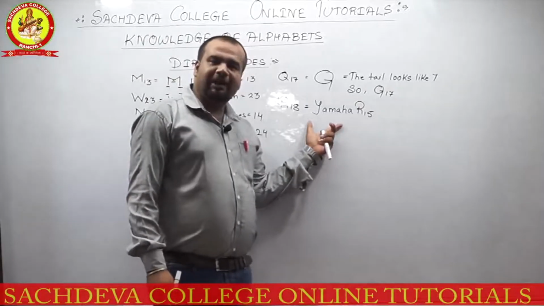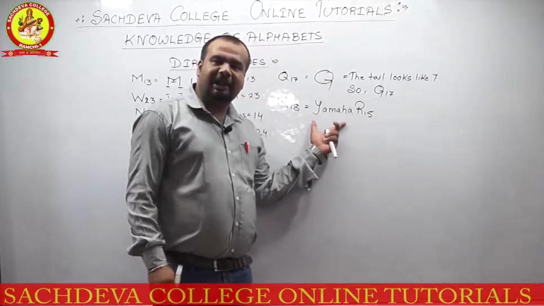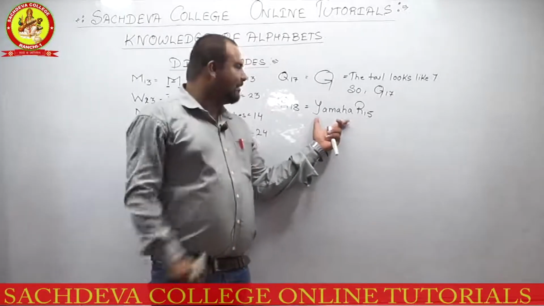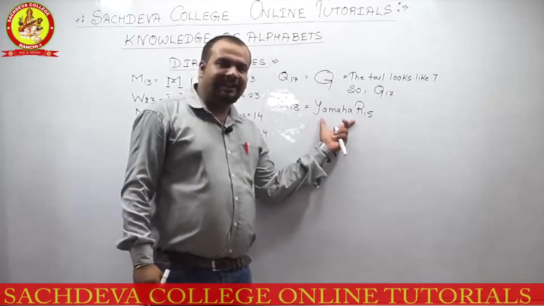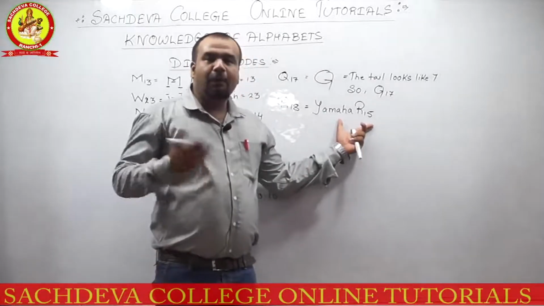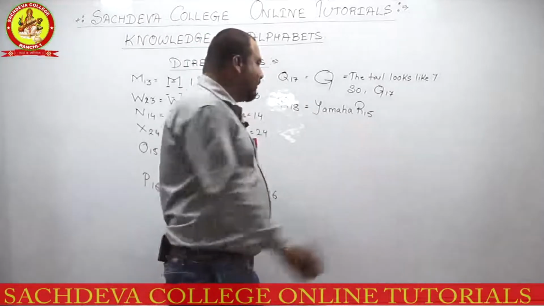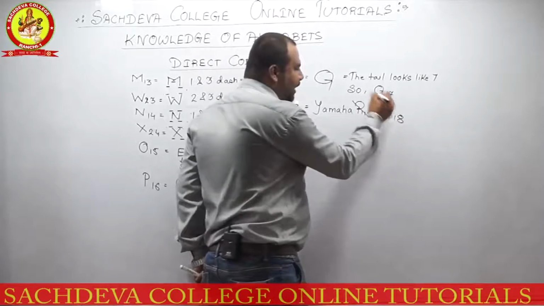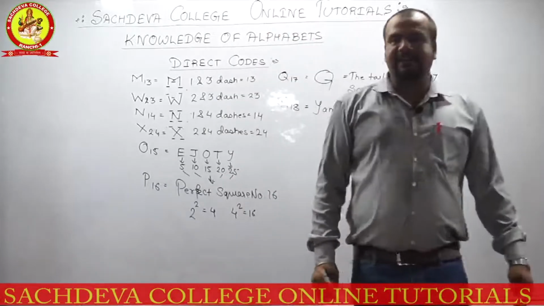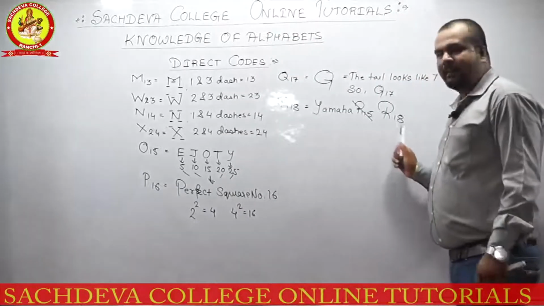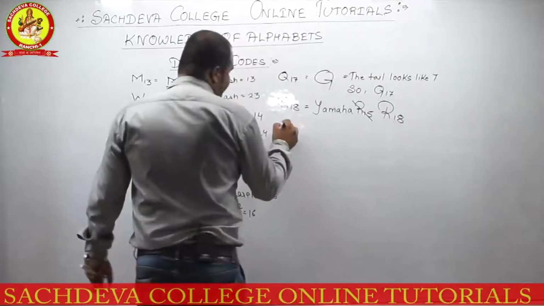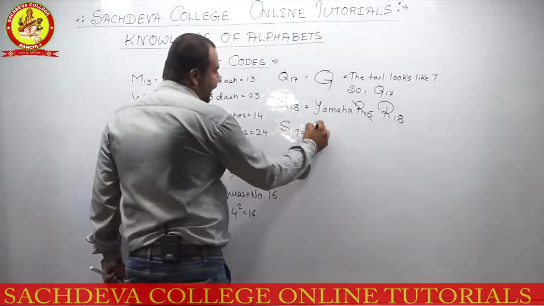Now, when we talk about Yamaha R15, this particular model was launched for the first time, and yet it has not been modified. So, we the students of competitive exams are going to launch a new motorcycle, and that motorbike's name is Yamaha R18. So, it's very simple to recognize Yamaha R18. Yes or no?